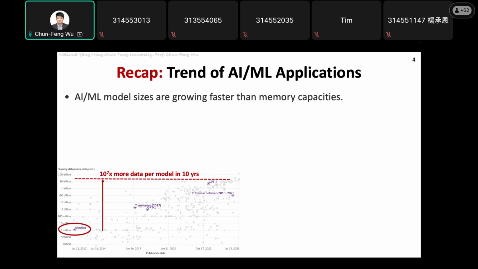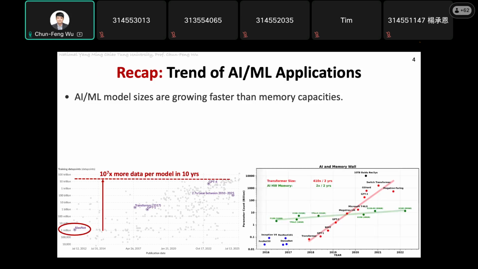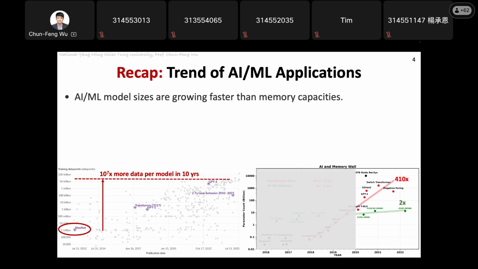In the past 10 years, the memory requirement or model size increased about 10 to the 7 times larger than at the very beginning, like the CL model in 2012. But on the other hand, the memory capacity grows at a very slow pace. It just doubled in 2 years.